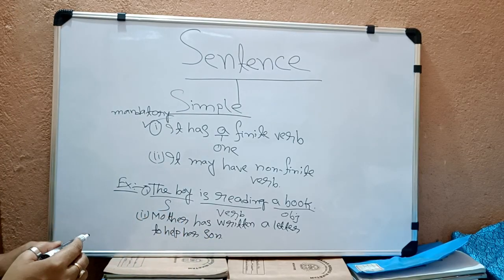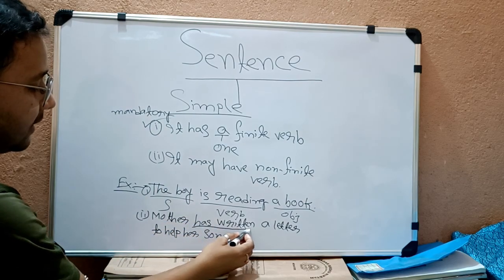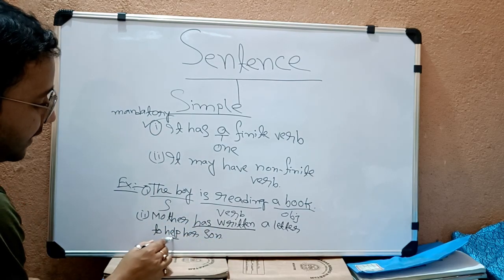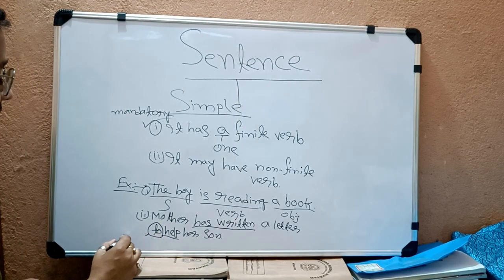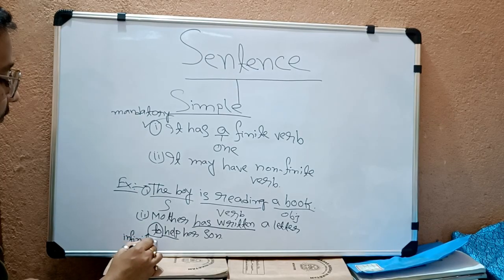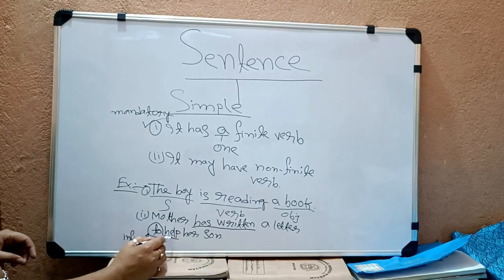In the sentence, has written is one verb and help is another verb, but before help there is a to. Here to is an infinitive. If we use to before a verb, then it is called an infinitive.